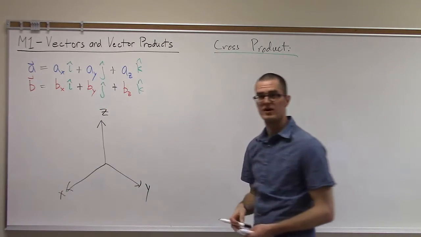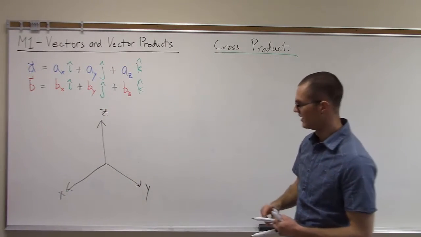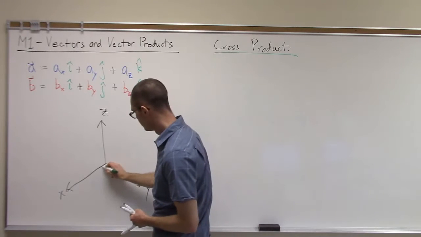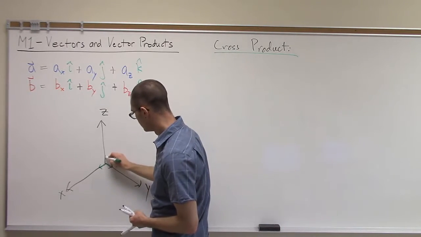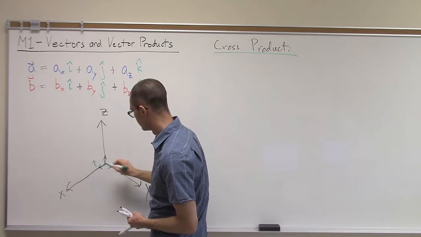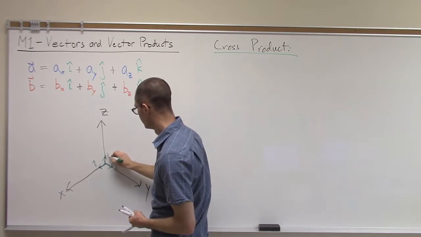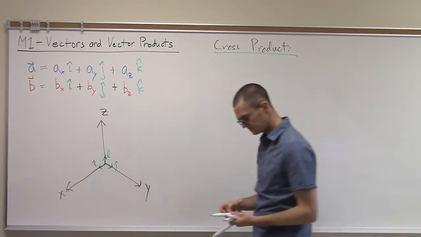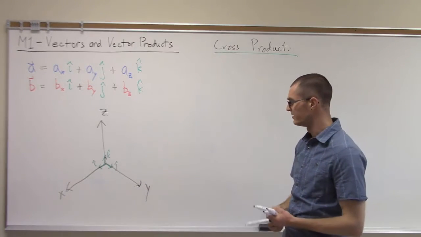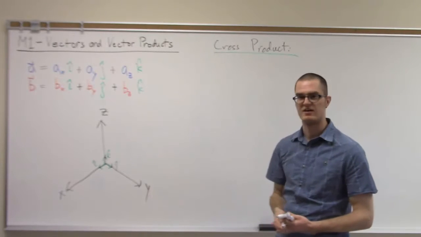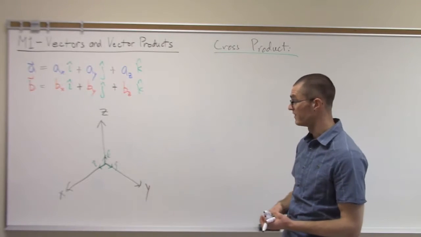Set up our x, y, and z axes here, and we have our unit vectors in each of the coordinate directions, so i, j, and k. And without losing any generality, we'll just assume that our a and b vectors happen to be in the xy plane.